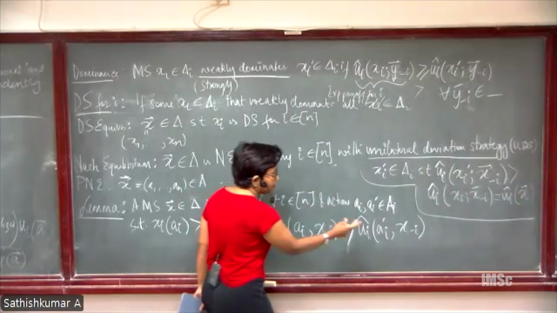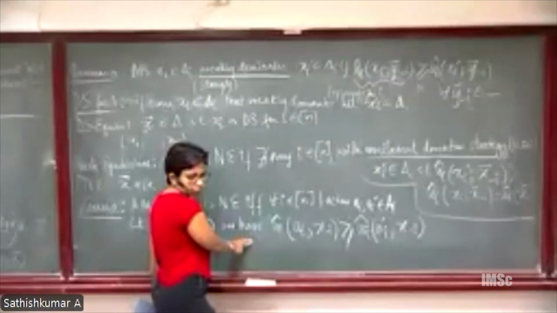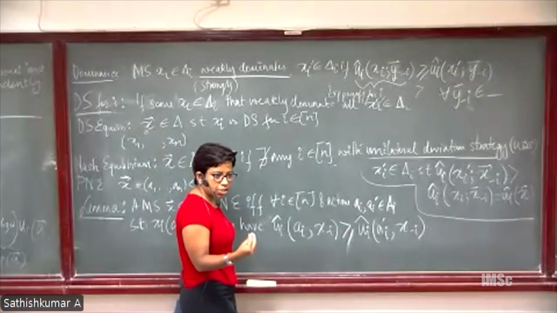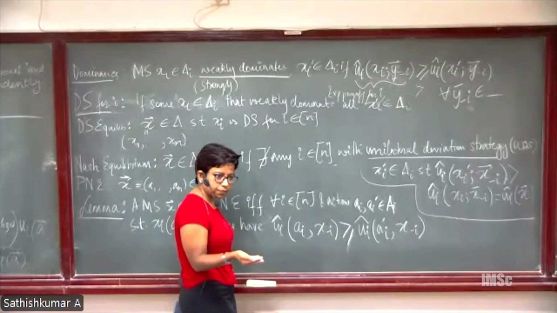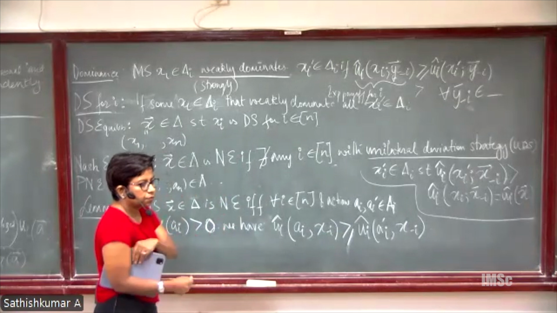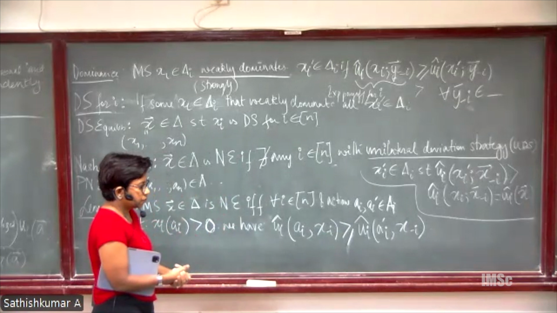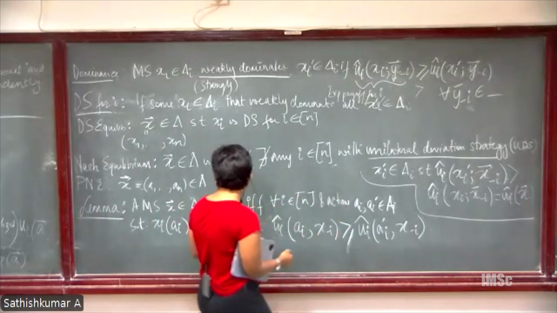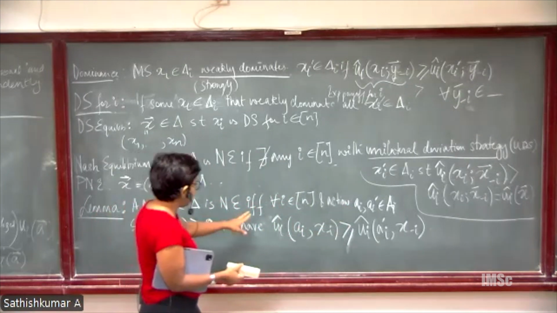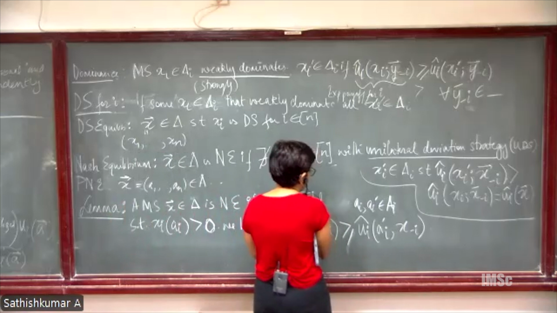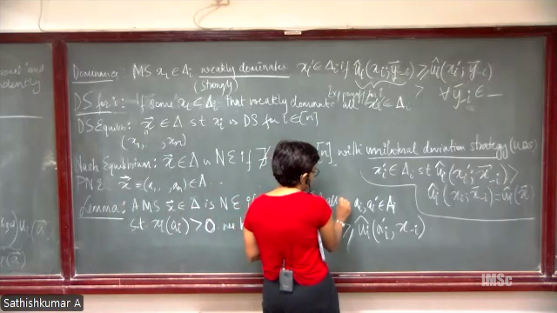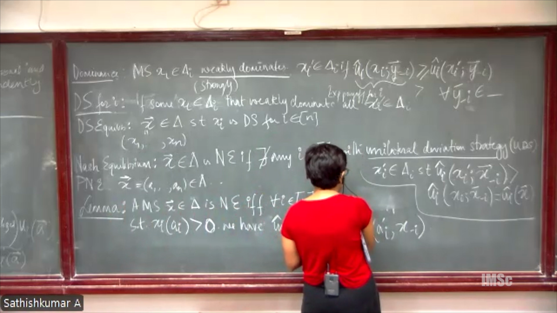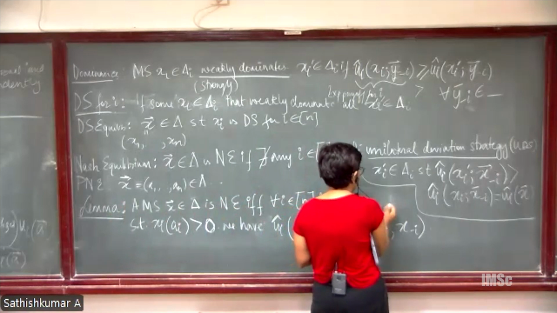Then this is at least greater than this and so on, right? So what we are saying is it's strictly less for all those actions that are outside the support. So this is for all I and all pairs of actions, as long as one of them is in the support.